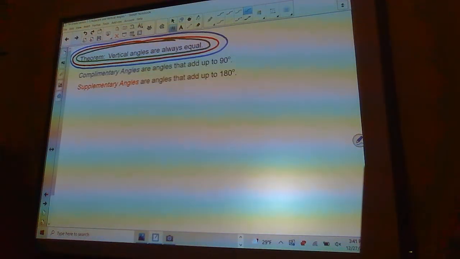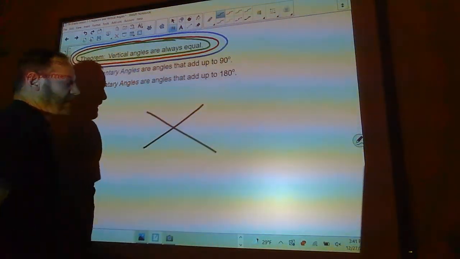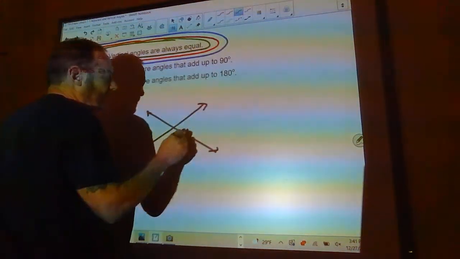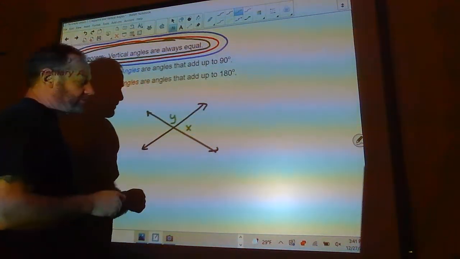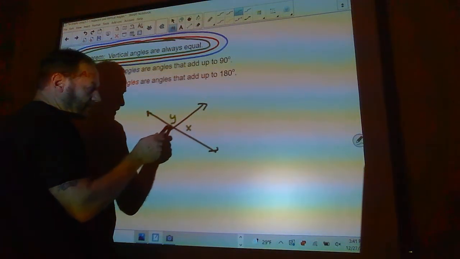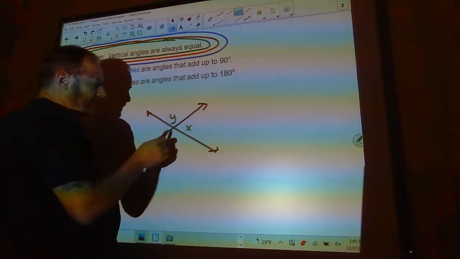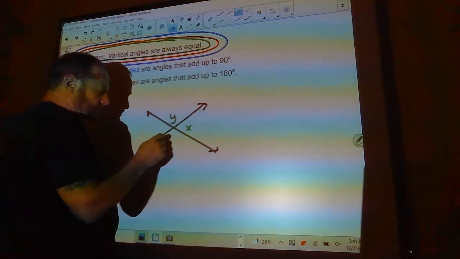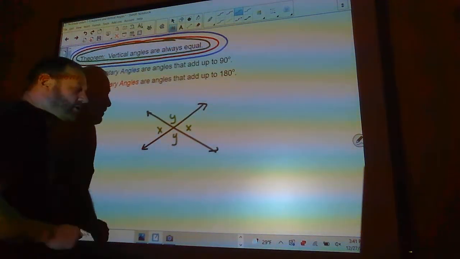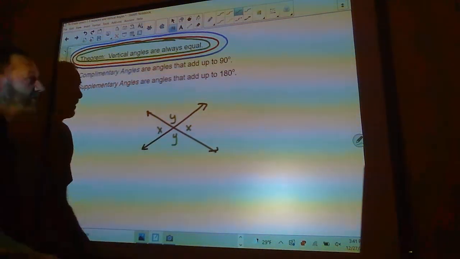That is always going to be the case because anytime I have this situation where the two lines intersect each other, this angle plus that angle is going to add up to 180 because this is a straight angle right here. These two angles also have to add up to 180. If x plus y is equal to 180 and this is y, then that has to be x again. And likewise, this has to be y again. And so you can see these are equal and those are equal, and that's always the case.